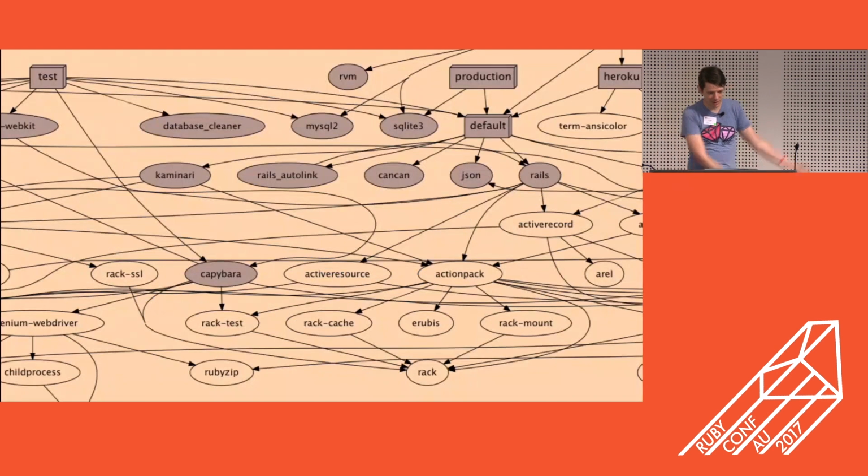And so Bundler is now able to do this. So Bundler does this thing, dependency graph resolution. Here's a graph of dependencies. And this is an example of a well-known hard problem in computer science and mathematical theory. It's called NP-complete, which means, in theory, it is possible to construct a set of gems such that Bundler could never find a list of versions that all work together before the universe ends.